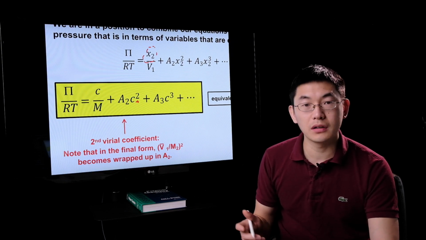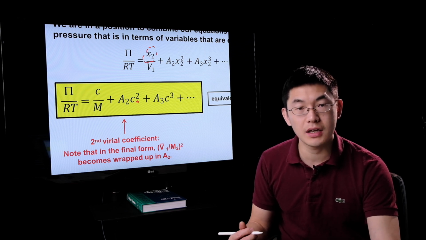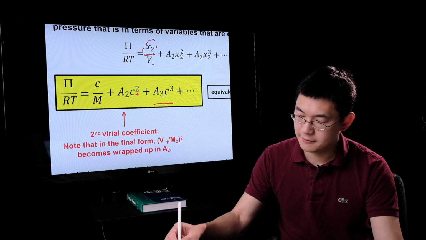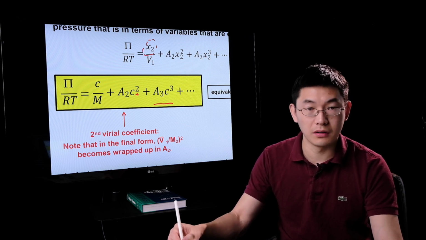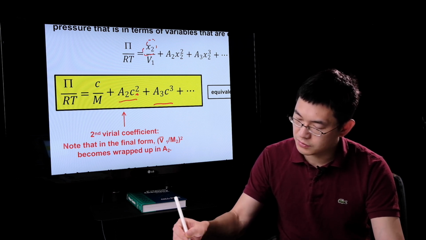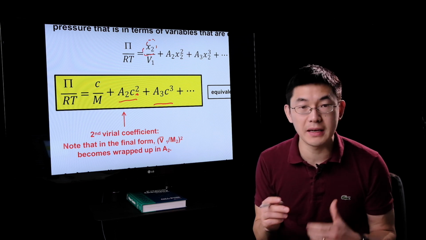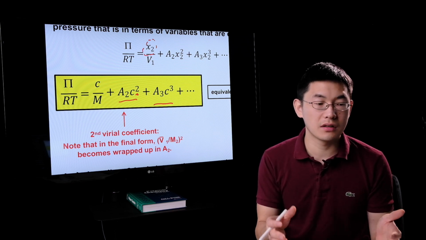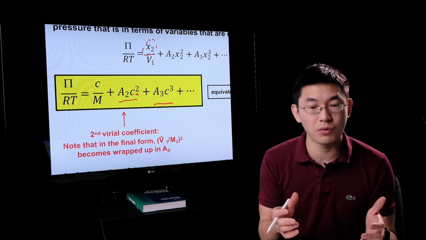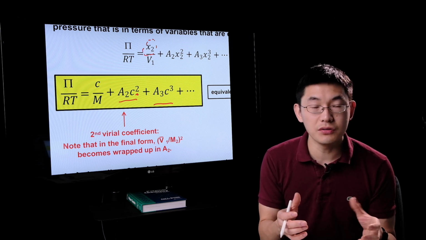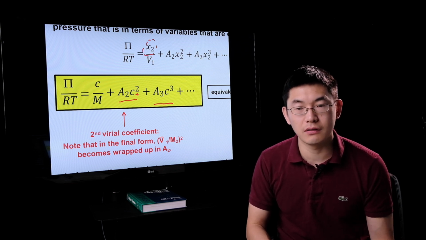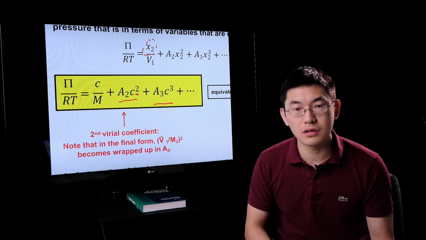Why is A2 more important and more prominent? When you have a three-body interaction, you need to consider the concentration cubed. So C cubed, and if you check what differs between A2 and A3, A2 depends on only two bodies, so you only need to consider concentration twice, or C squared. That makes a huge difference, because a lot of the time we will not be able to prepare a very concentrated solution to measure osmotic pressure.